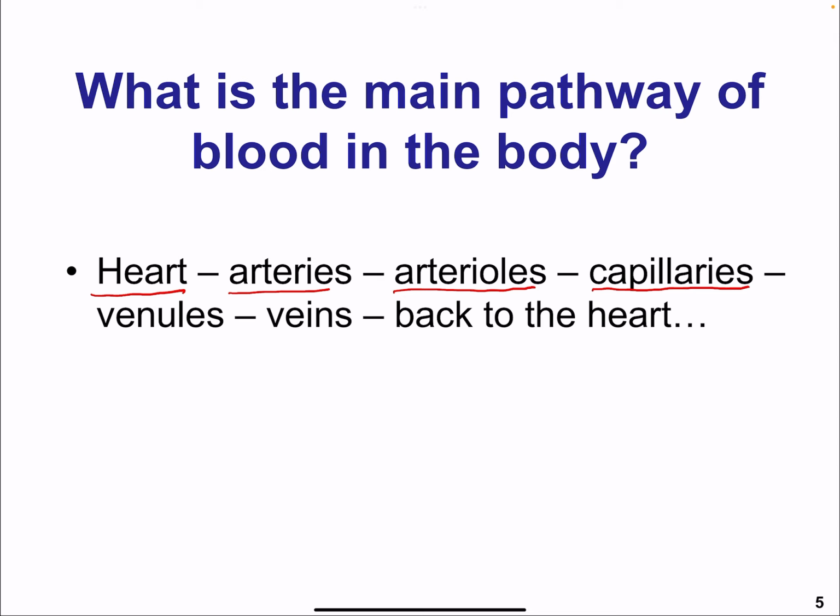And from the capillaries, the blood is going to flow in the venules, from the venules to the veins that are larger, and from the veins back to the heart. And we have a complete cycle of the blood through the circulatory system.